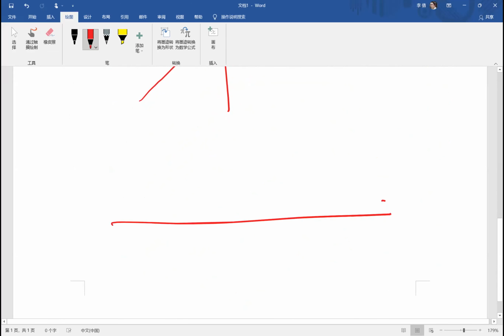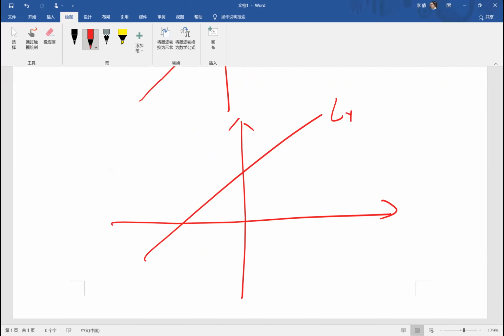Let's see. If there is a line, this is L sub 1, and then there is a line L sub 2, and the slopes are equal, that means the angles of inclination of the two lines are equal, right? So this phi sub 1 is the angle of inclination of this line, and this is the inclination phi sub 2 of this line.